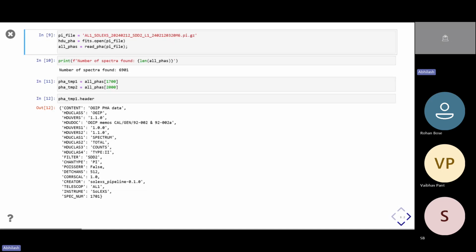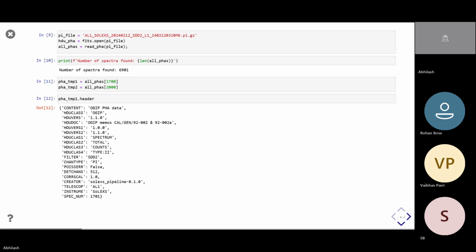It's a type 2 PI because every row has a spectrum, a 1 second spectrum. If you look at the header, there are some useful keywords. It's OGIP compliant PHA data, type 2 format, SDD2, and there are some useful parameters which we'll go into in detail during the project time.